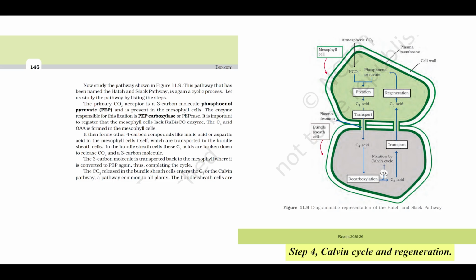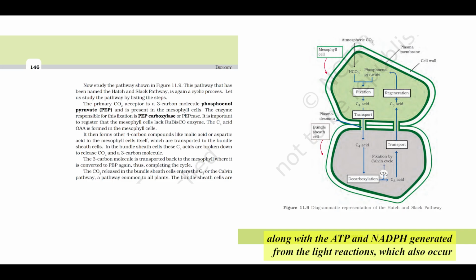Step 4. Calvin cycle and regeneration. The CO2 that's just been released at this high concentration in the bundle sheath cells immediately enters the C3 Calvin pathway, which operates within the chloroplast of these bundle sheath cells. This is where the actual synthesis of sugars like glucose takes place, using the CO2, along with the ATP and NADPH generated from the light reactions, which also occur in bundle sheath chloroplasts, so sometimes slightly modified.